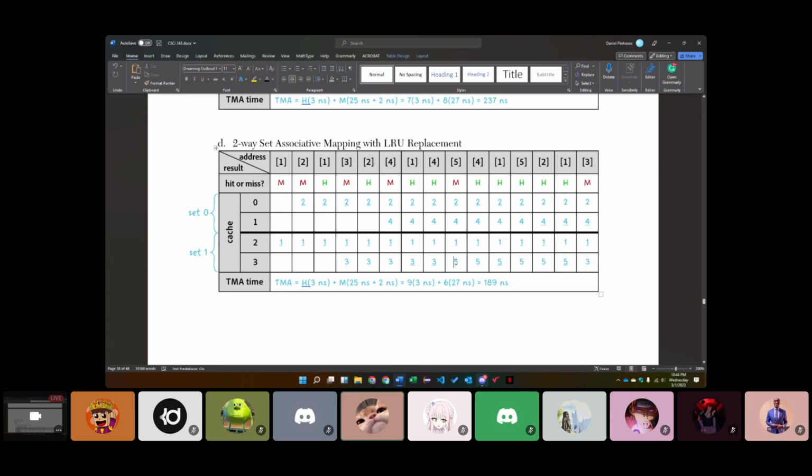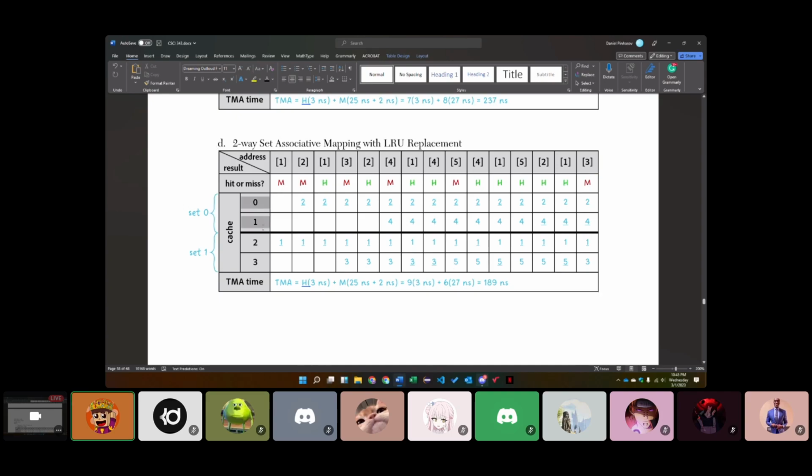Wait, can you go back and explain why for the first one it's at 2? It's 1 mod 2, which is 1, but why is it at 2? Oh yeah, when we do the mod for set associative, it determines which set it's going to.